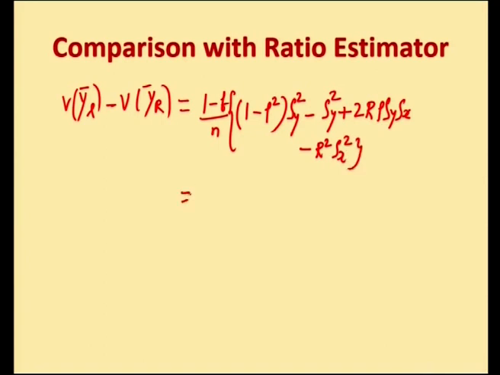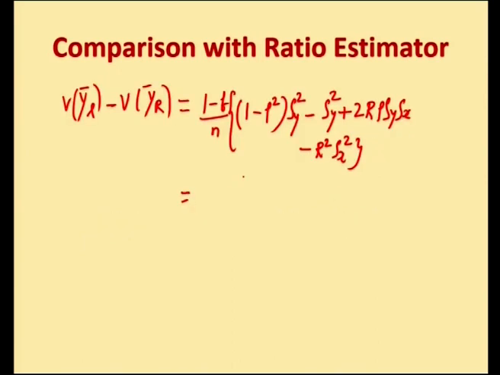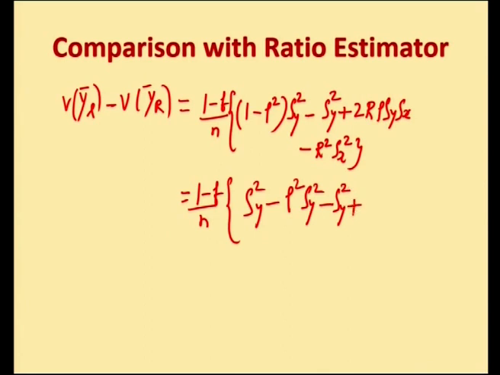So, this is obtained from these two. We have the variance of the regression estimator and the variance of the ratio estimator, subtracting one from the other, we get this term, and further on simplification we get 1 minus f by n into s y squared minus rho squared s y squared minus s y squared plus 2 rho R s y s x minus R squared s x squared.